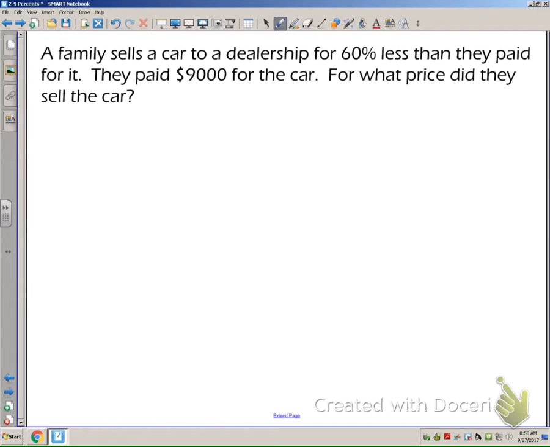Okay, so I like to think of this as the 60% represents the discount. Okay, so then if the 60% represents that discount, then what does the 40% represent? Well, it represents the cost after the discount is applied. So an equation that we could use to figure this out is say, okay, X is 40% of 9,000.